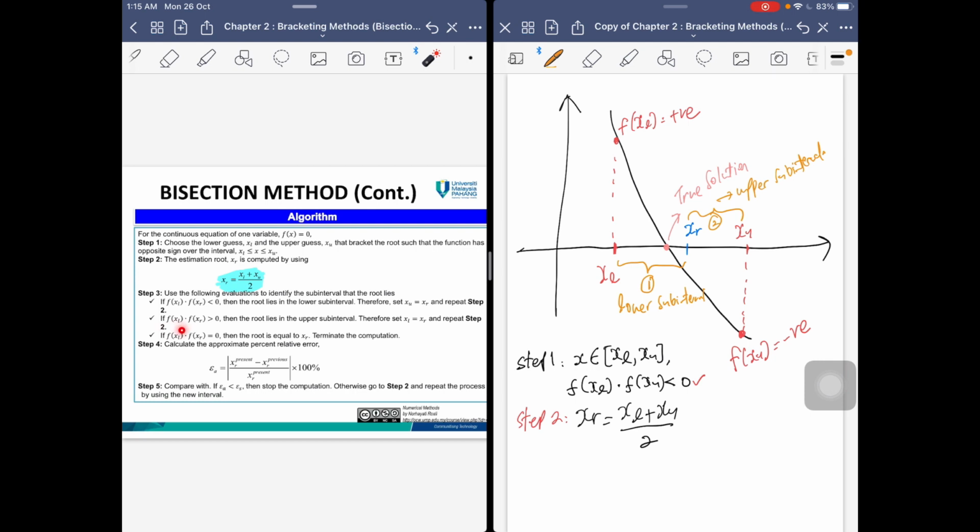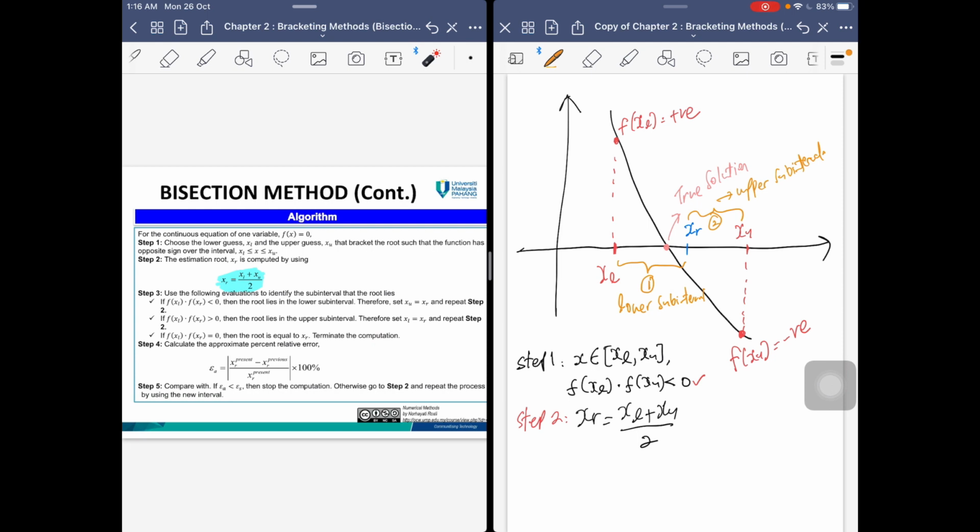However, if f(XL) multiplied with f(XR) is positive, then the root lies in the upper subinterval. Therefore, we set XL to the new value from XR and repeat step number 2. But if f(XL) multiplied with f(XR) equals 0, then the root is equal to XR. Hence, we terminate the computation process.